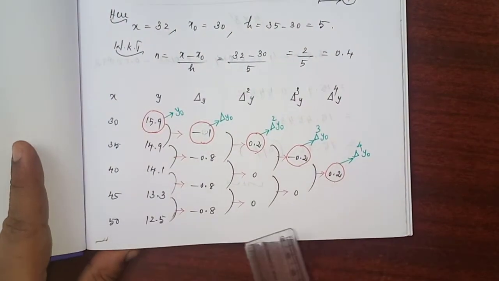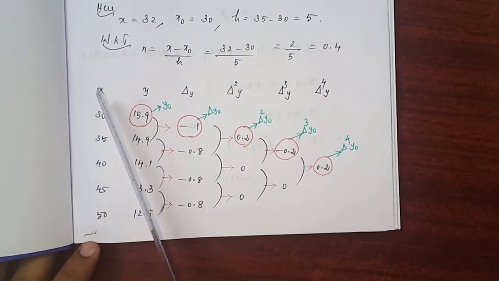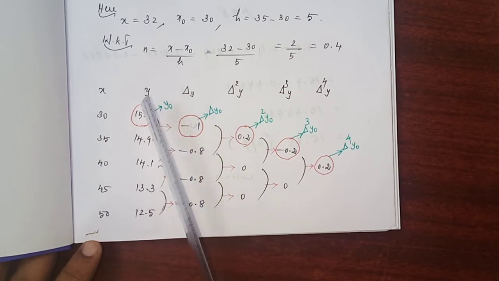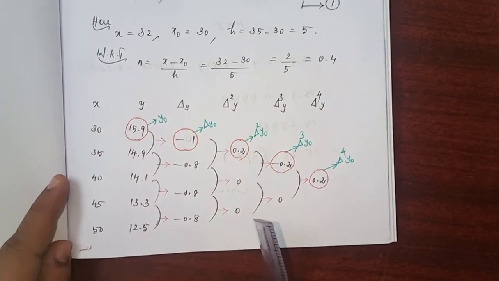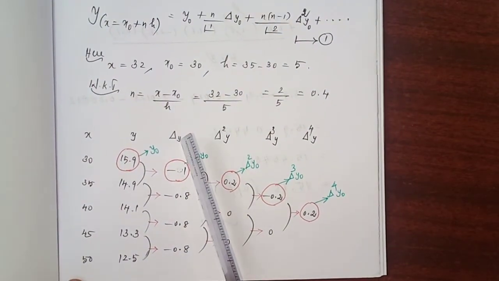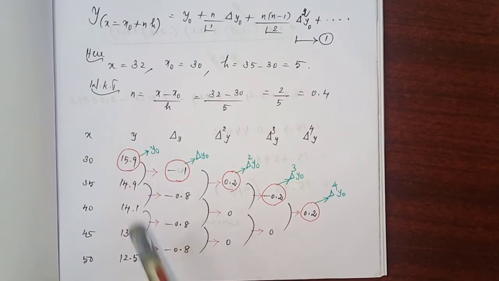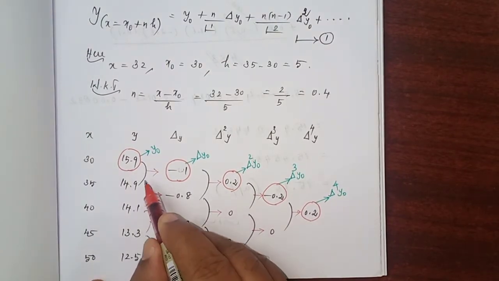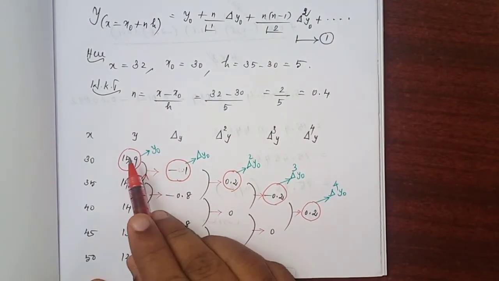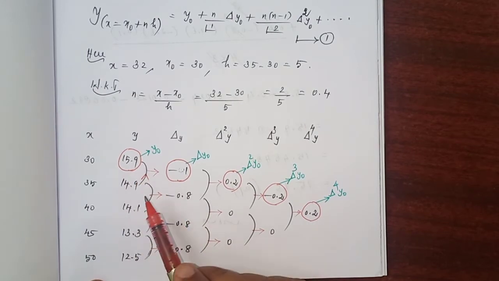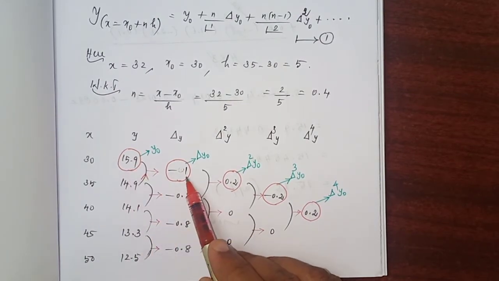In the table, in the first column write x and in the second column write y. Okay. Then start with del y. For del y, you have to subtract these two, I mean 14.9 minus 15.9. That's the direction. In this direction only you have to subtract. 14.9 minus 15.9 is equal to minus 1.